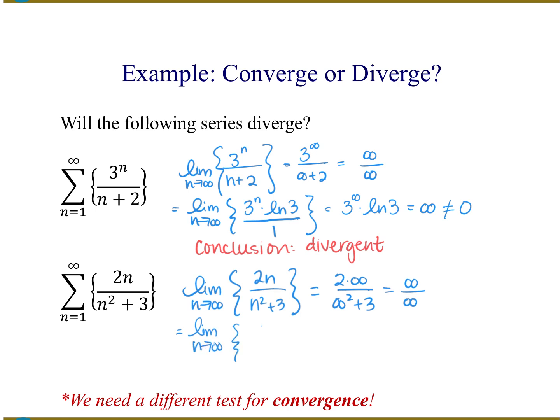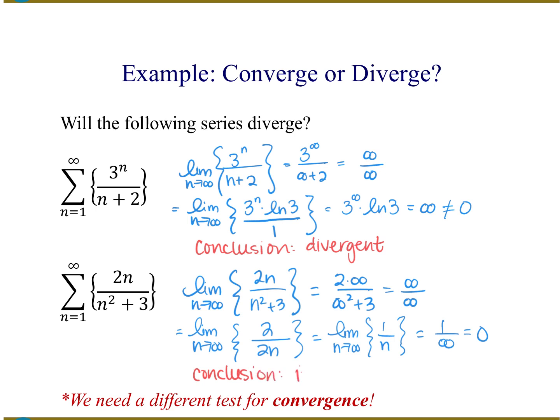The numerator becomes 2, and the denominator becomes 2n, which reduces to 1 over n, which simplifies to 1 over infinity, which is 0. And so our conclusion is inconclusive.